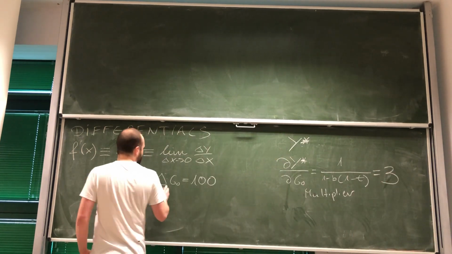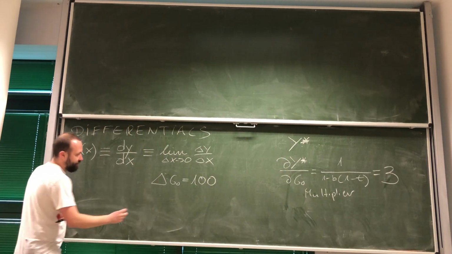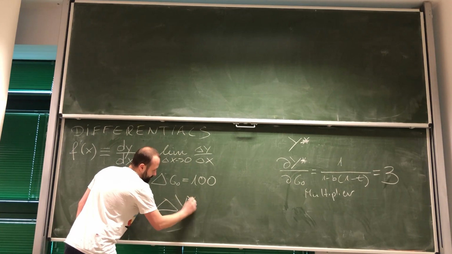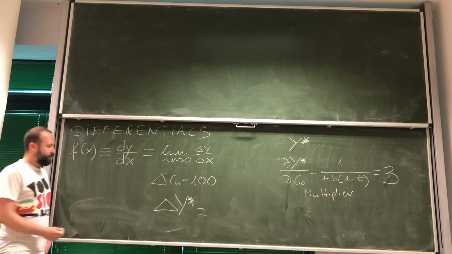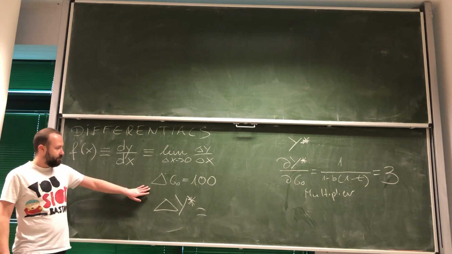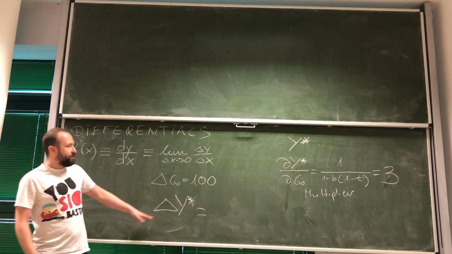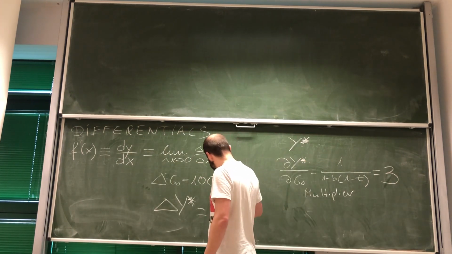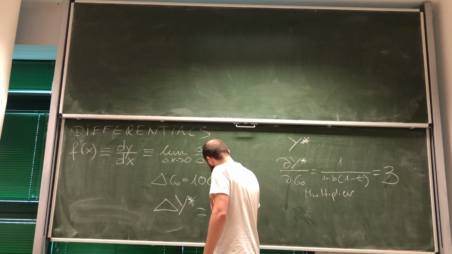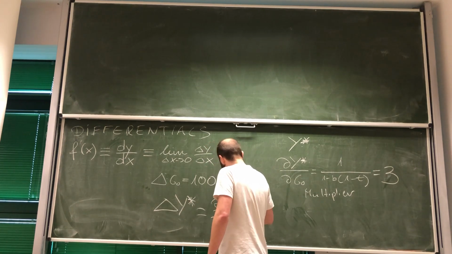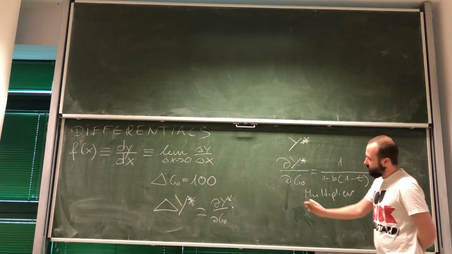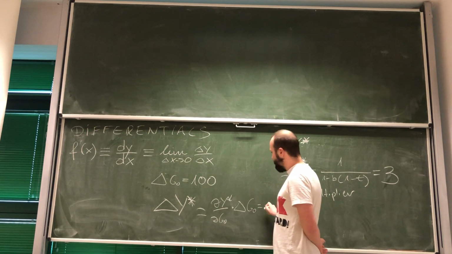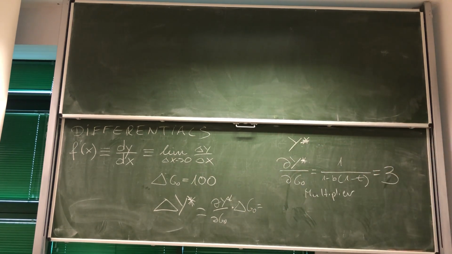Why? If I want to know by how much equilibrium GDP is going to increase, all I need to know is the value of the multiplier in our economy, and then I need to multiply it by the change in the level of government spending.